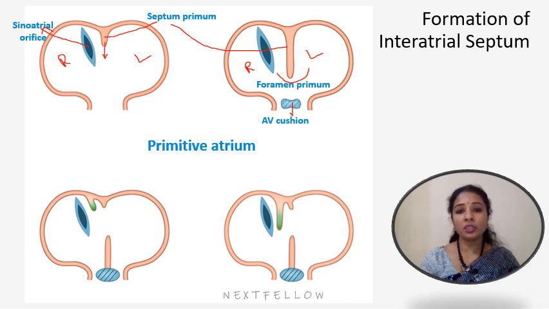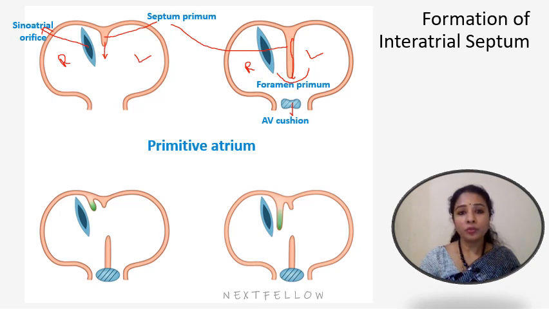So you can see the septum primum grows downwards towards the septum intermedium, or AV cushion, or AV septum. The gap between the lower edge of the septum primum and the AV cushion is called foramen primum.